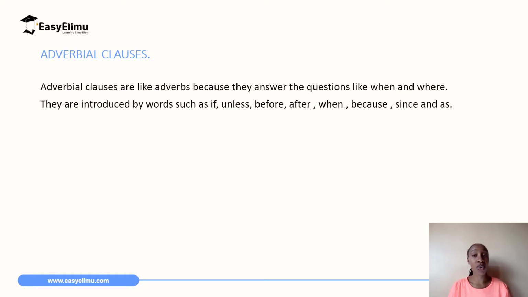So let us now go into adverbial clauses with that understanding in mind. And so adverbial clauses are just like adverbs because they answer the same question of when, how, and where.